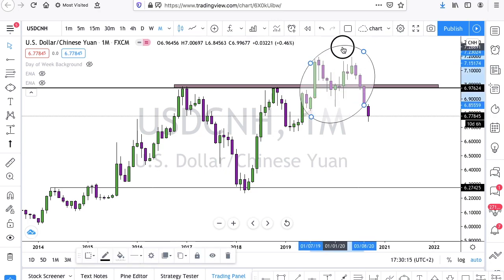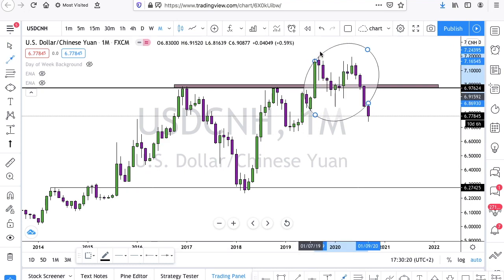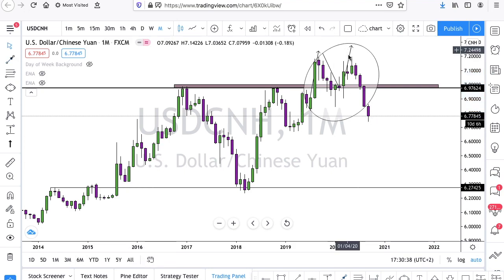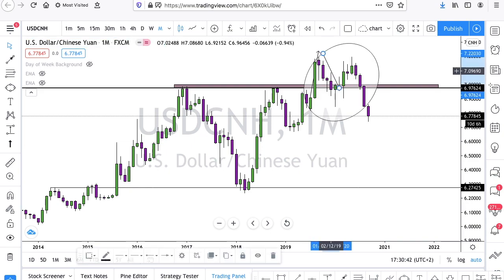Whenever you see this pattern, when price goes up, then comes down to test a support, then goes up again, then rejects this area it touched, then drops down, this is what we call a double top or M pattern. It's a reversal pattern to indicate the change in trend or the overall direction of a new trend.